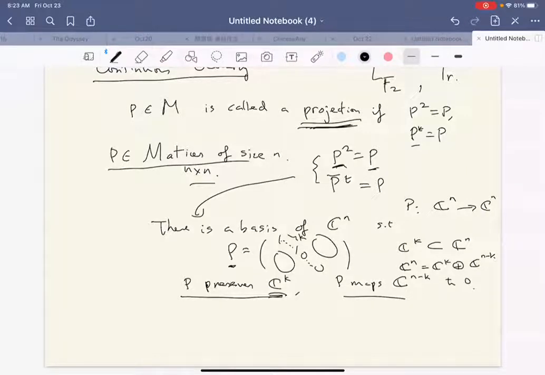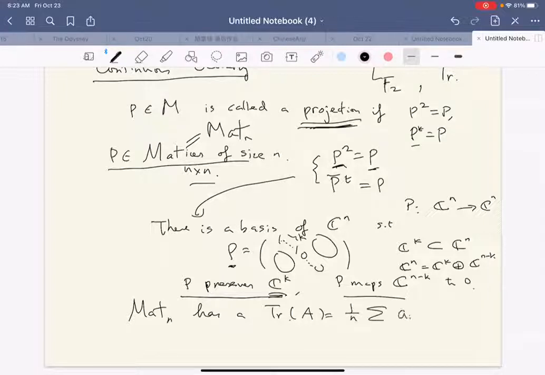Okay, and in the case of matrices, I have written this n by n matrix all the time, so maybe I will write the matrix algebra of size n. One thing is that we know the matrix algebra has a trace. Let me remind you again, the trace is just 1 over n times the sum of the diagonal entries. So let's see what the trace of this projection is.